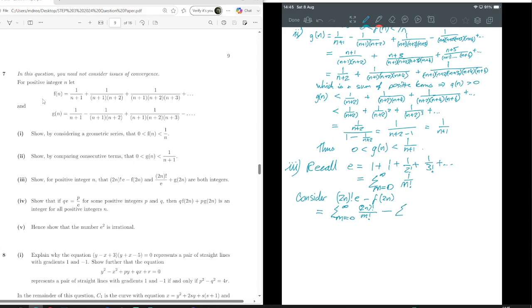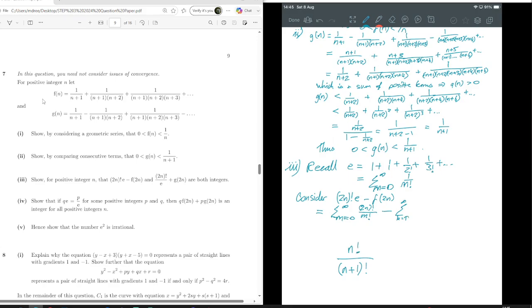Now f is a little bit awkward, but I am going to try and write it using factorials. So this is the sum from, let's say, k equals 1 to infinity. I kind of want to think of that first term as n plus 1 factorial on the denominator and n factorial on the numerator.